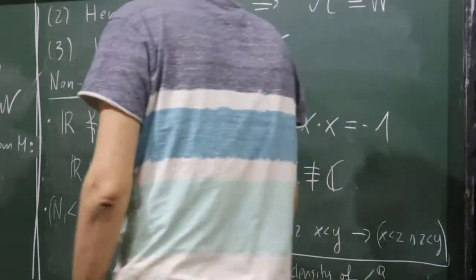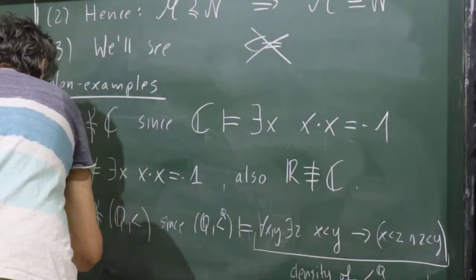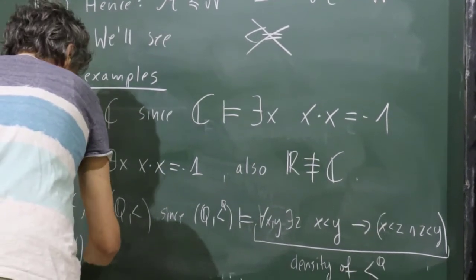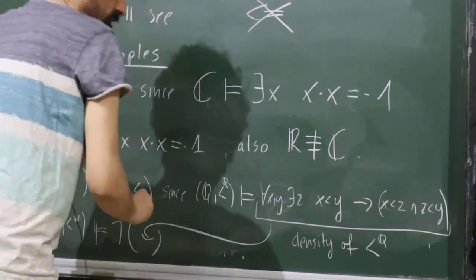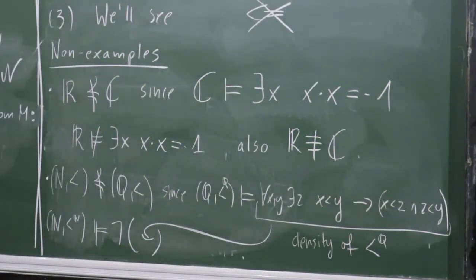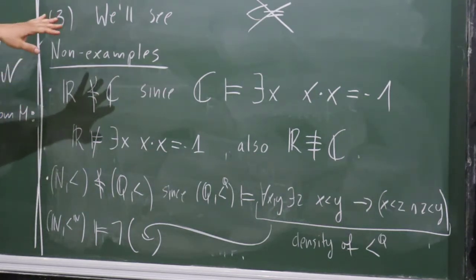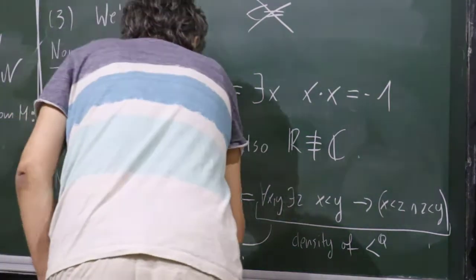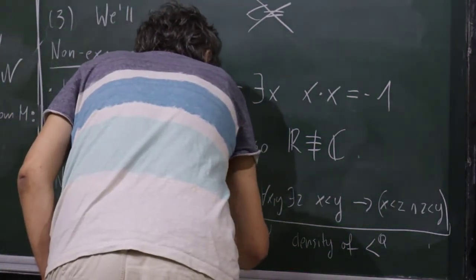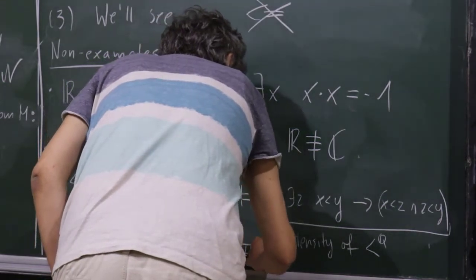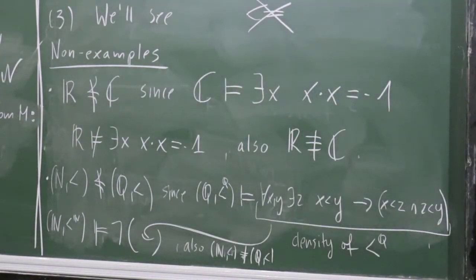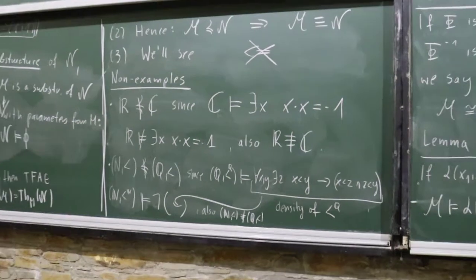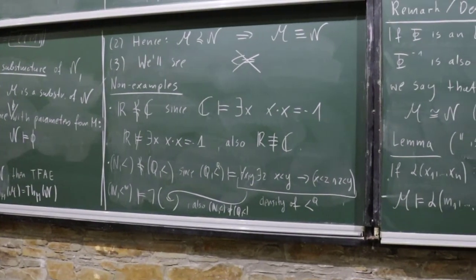But it's not true. Yes, the ordering of natural numbers is not dense. You cannot put anything inside 0 and 1. But still there were no parameters as here. So even, so now finally an example when even the smaller structure is isomorphic to the bigger, but it's still not an elementary substructure.